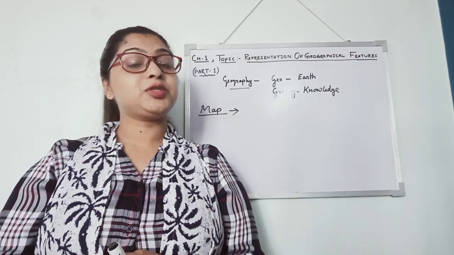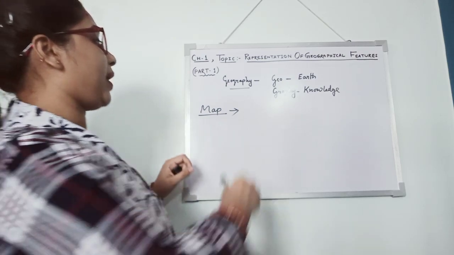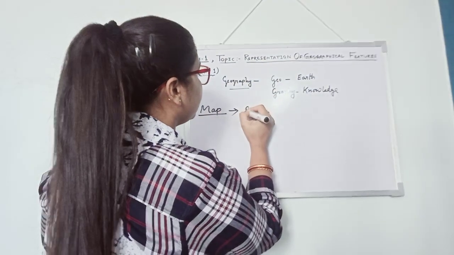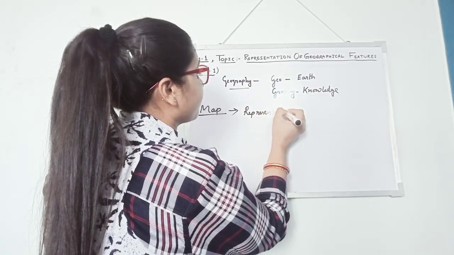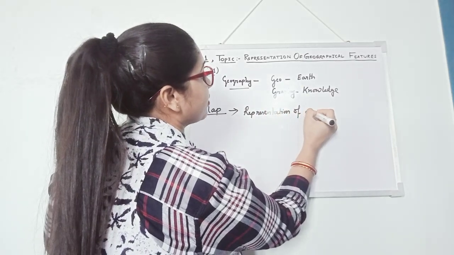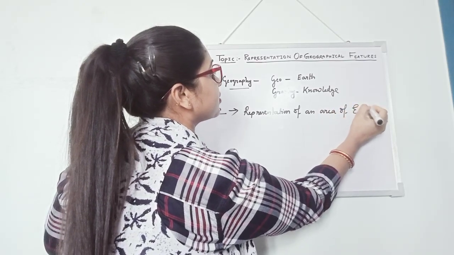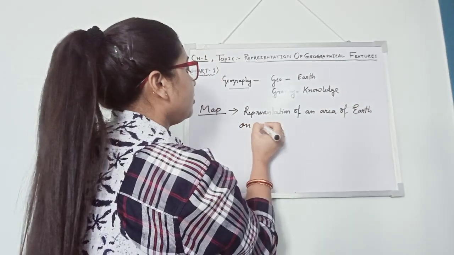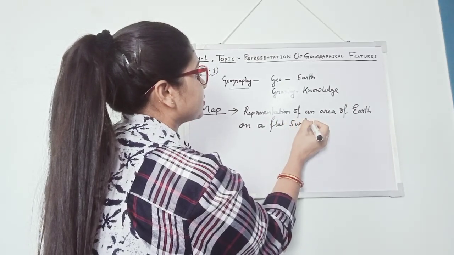So first we have to know the definition of map. The definition of map is: representation of an area of earth on a flat surface.